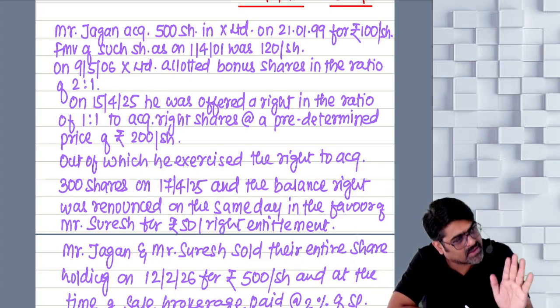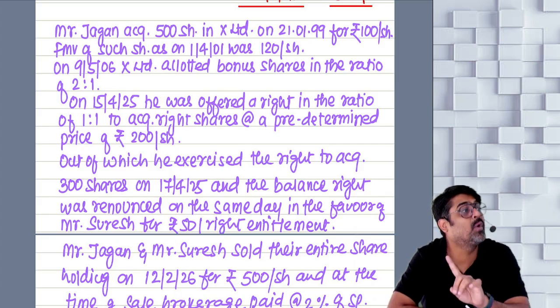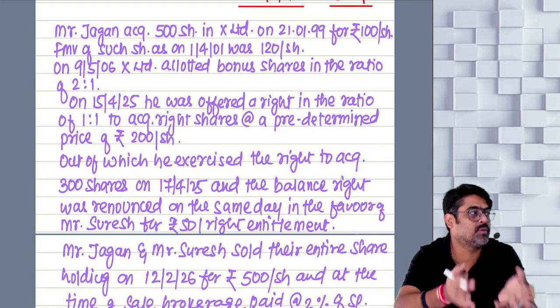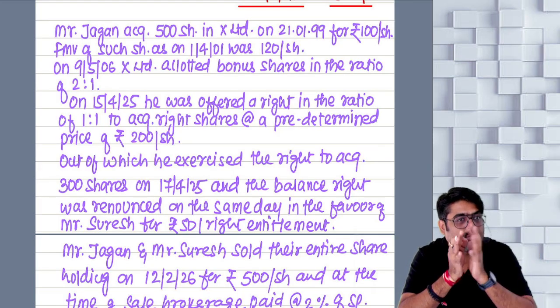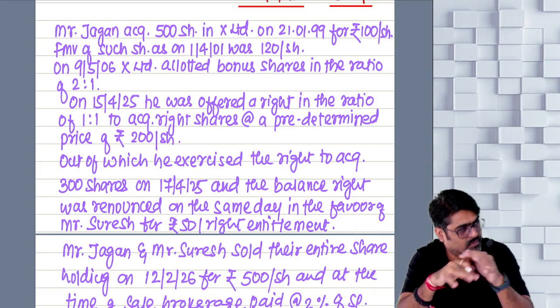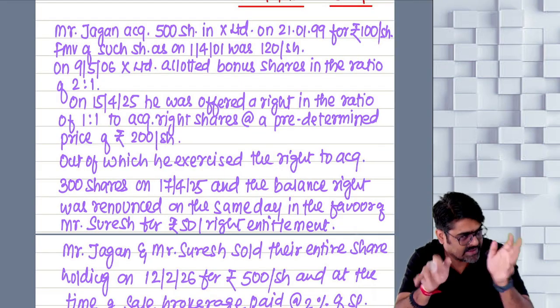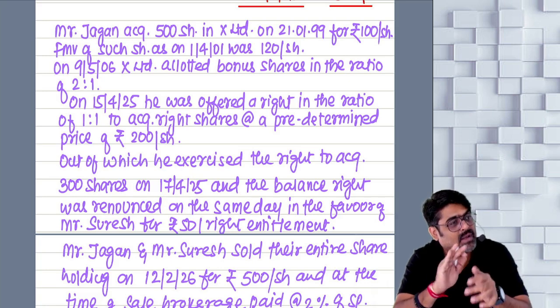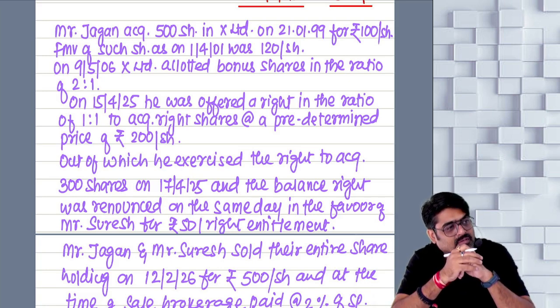Whenever you exercise that right, the company is going to take 200 rupees per share from you. If you exercise the right within that time, then the right will get converted into right shares.